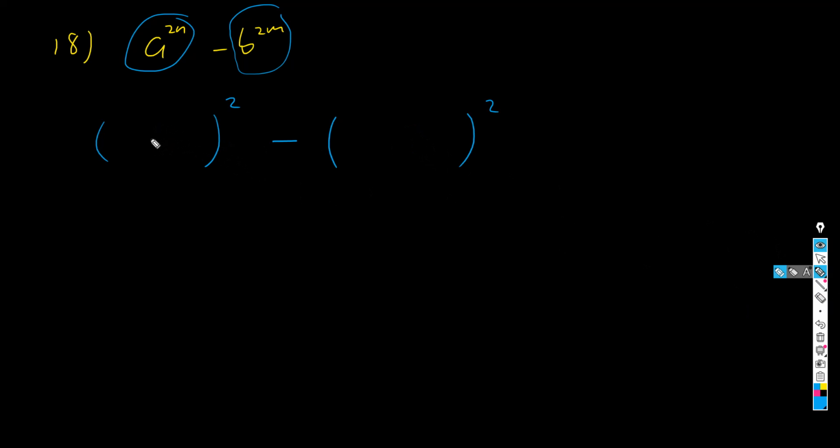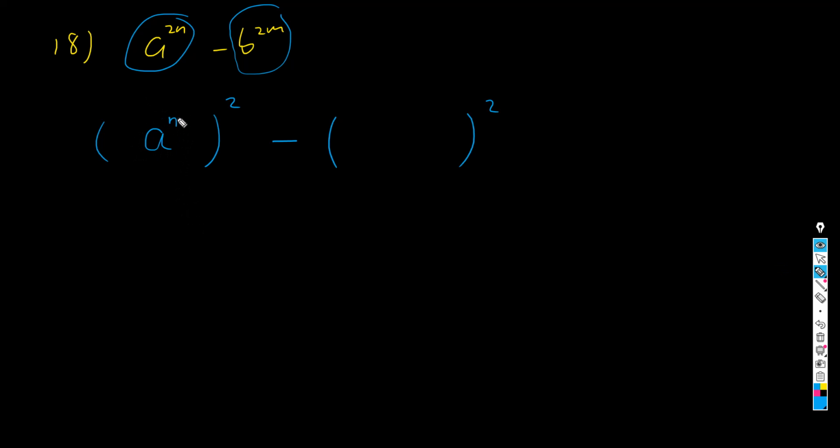Okay, so to what exponent should I raise a? What exponent should be here such that when I raise all of this to the square, I'm going to get a to the 2n? I'm going to give you the answer right away, and you're going to notice that it does make sense. The answer will be n. Why?